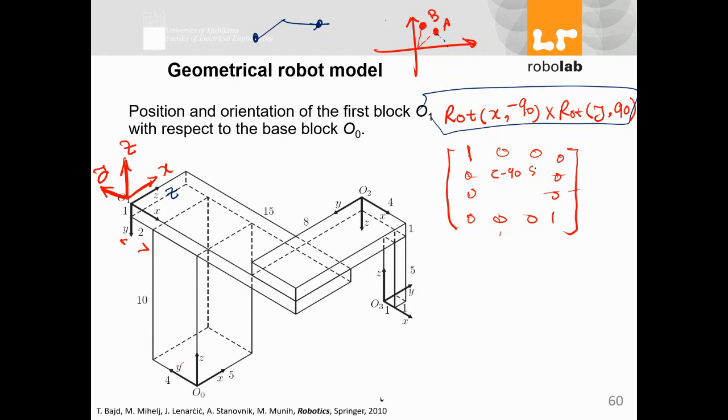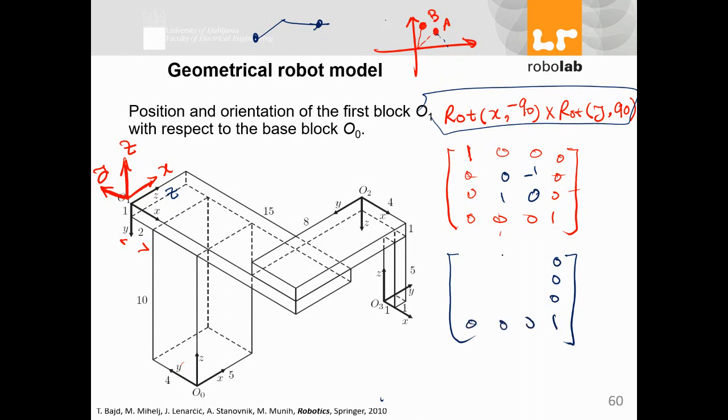Sine of negative 90 and sine of 90 and cosine of negative 90. That gives me sine of negative 90 equal to negative 1, cosine 0, then 0, negative 1, 1, 0. The other one, same thing: 2, 3, 1.